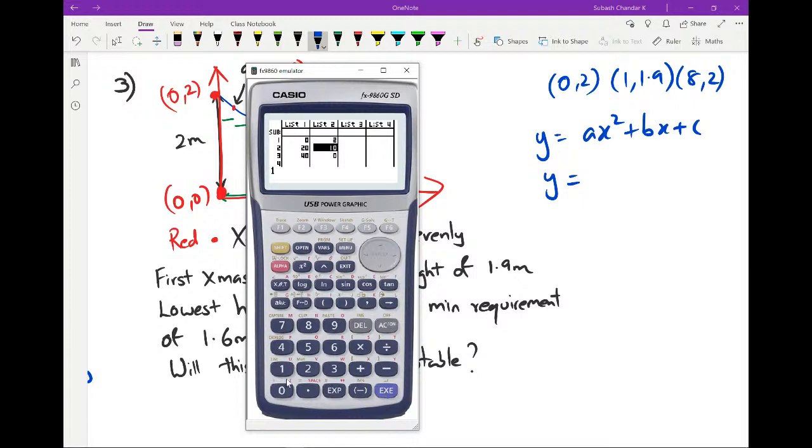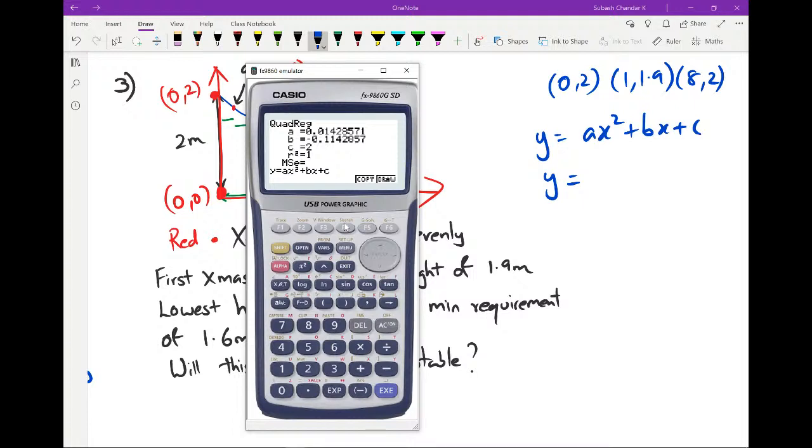And then 1, 1.9. And 8, 2. And then the x squared graph.